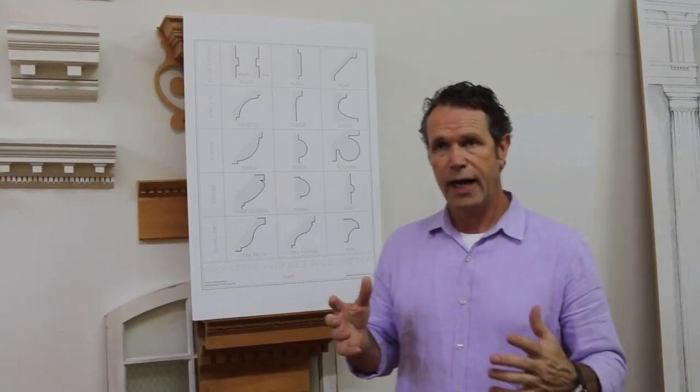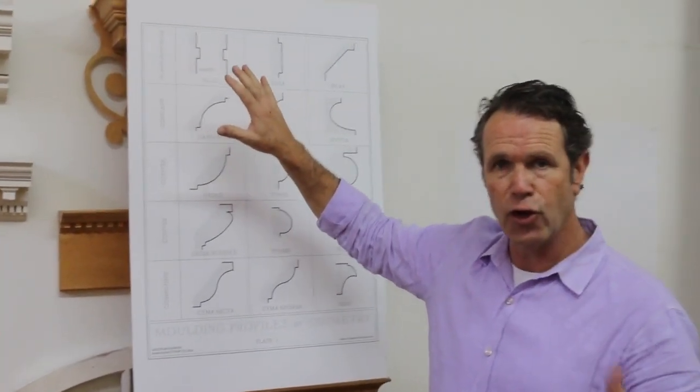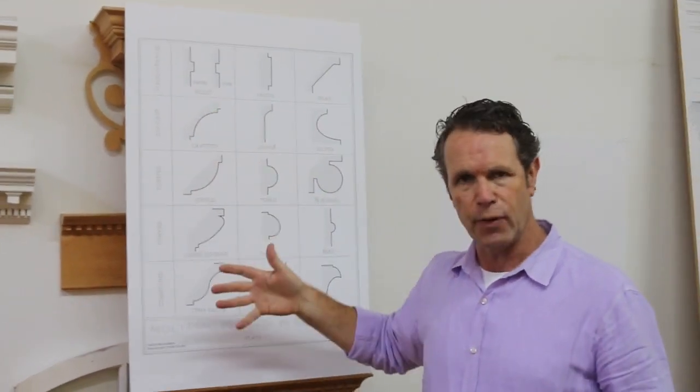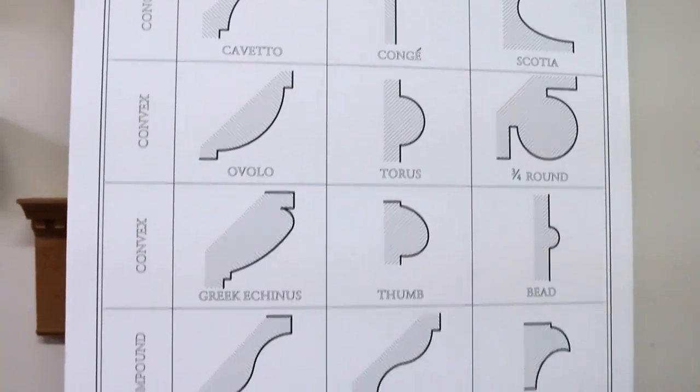Now, part of having a good molding versus a bad molding is a language, or the ABCs. So we've got the ABCs. Here is your palette. Here's your learning kit for how to communicate. Realize that it's fairly simple. You've got plane surfaces, concave, convex, and compound.